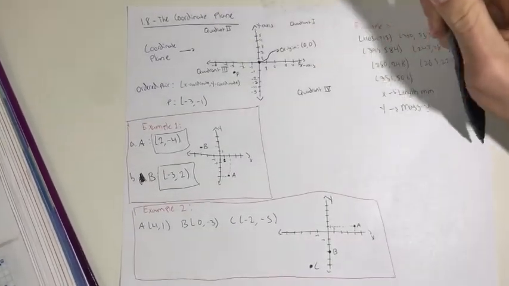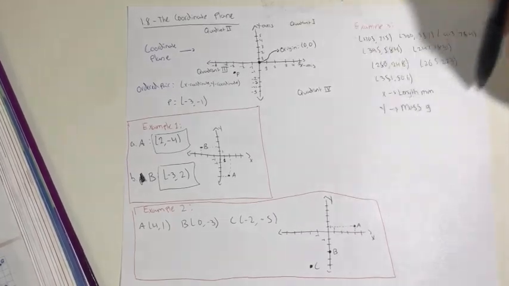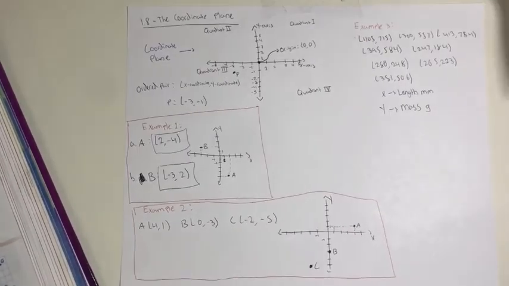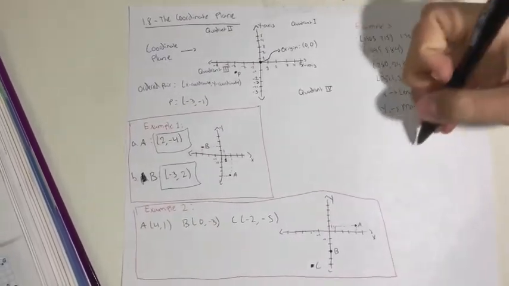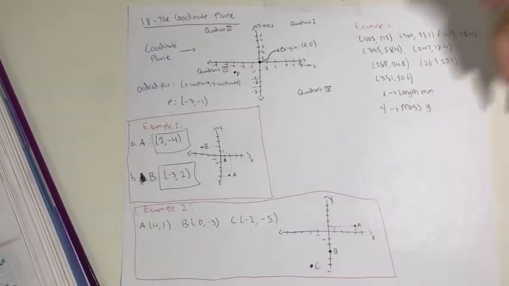So as length increases, you get to see how mass increases overall. This is why you have a lot of data, so you see the overall trend of how they're increasing, the slope at which they're increasing.